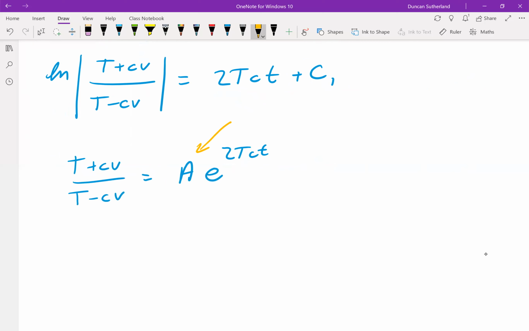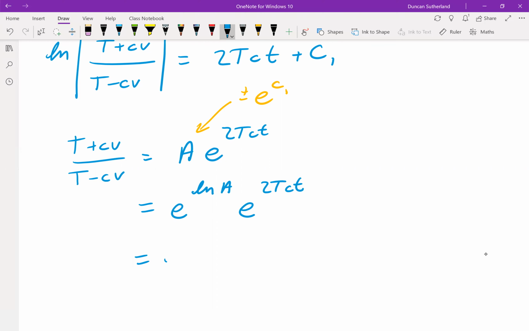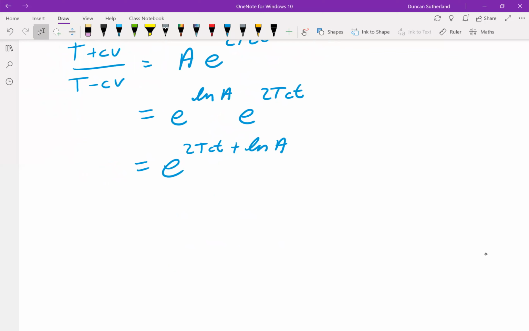This is plus or minus e to the c1. All right. At this point, I'm going to muck around with this constant. I'm actually going to put it back up into the exponential. Right? So a is equal to e to the log of a. Let's put that back in. Now, log of a is a constant.